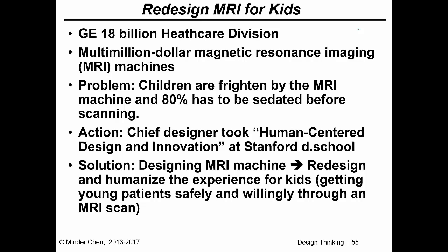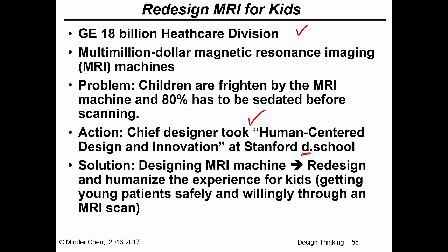So let's look at some background information. This healthcare division of GE is an $18 billion business. The MRI machine costs multi-million dollars. The problem is children are frightened by the MRI machine, and 80% have to be sedated before scanning. So the chief designer went through the human-centered design innovation training at Stanford Design School.